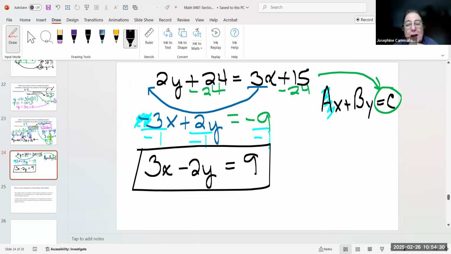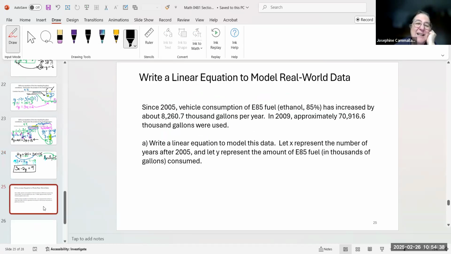Now we have one more problem to do, and then we're done with 4.5. And of course, it's gotta be a story problem. And again, you gotta watch the words.